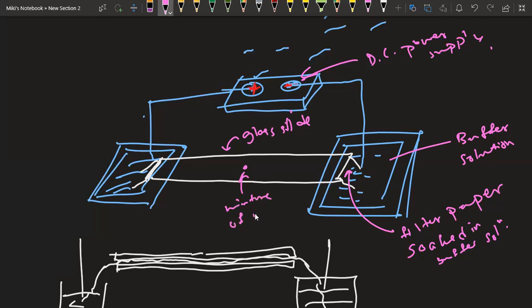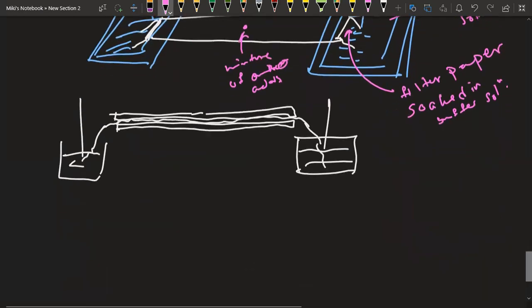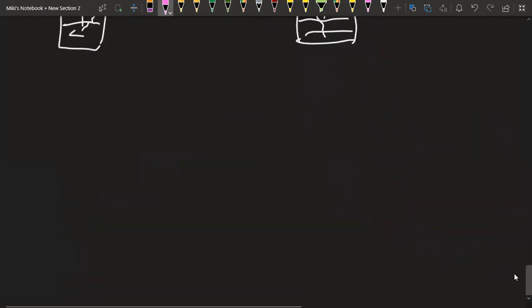After hydrolysis, we get the sample and place it on the filter paper. Placing the filter paper between two glass slides, we submerge it into the two buffer solutions, applying electricity, and conduct the experiment.